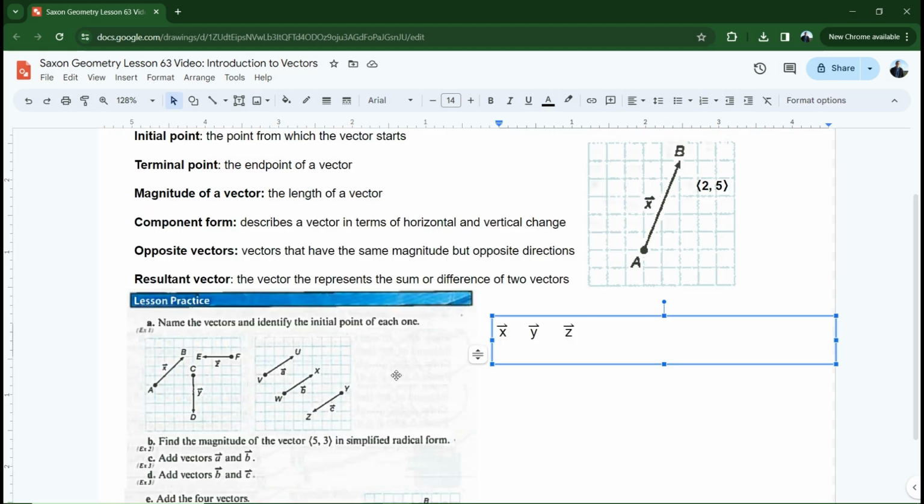Okay, now I need to identify the starting point of each vector. For vector x, the starting point is A. The initial point for vector y is C. Notice it's the side that doesn't have the arrow. And the initial point for vector z is point F.